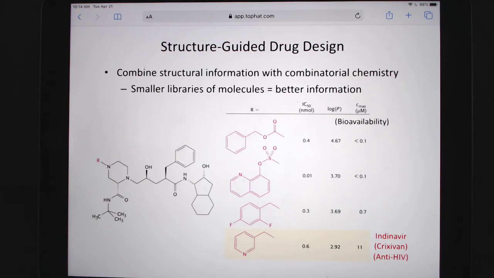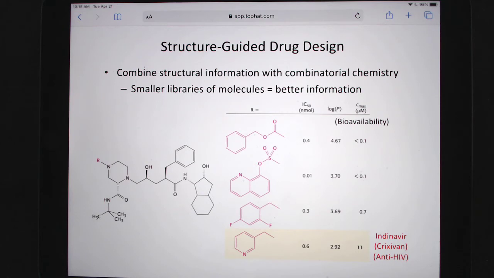So after the combinatorial high throughput screen rage, the pendulum swung back to saying, look, we have all this information, and we know how to do high throughput screening, but we also have the structural information. Let's combine this. So instead of high throughput screening, we do what's called high content screening.